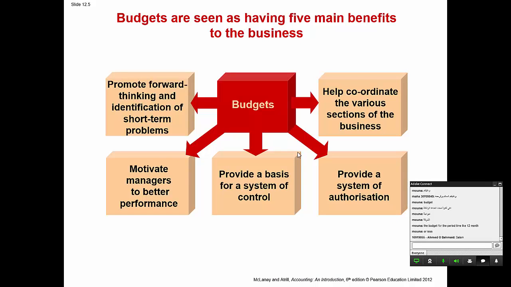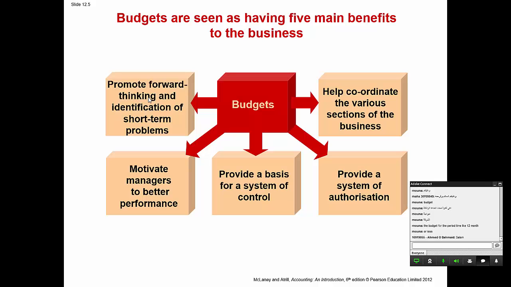This is the last part in this chapter, which is the benefits of budgeting and budgets to the managers and to the business. So these are the 5 benefits that budgets provide the business with. For example, the first one is that the budget promotes forward thinking. That means it enhances the planning skills and planning experience of the managers.